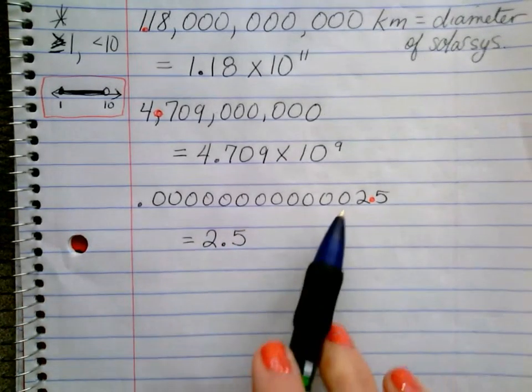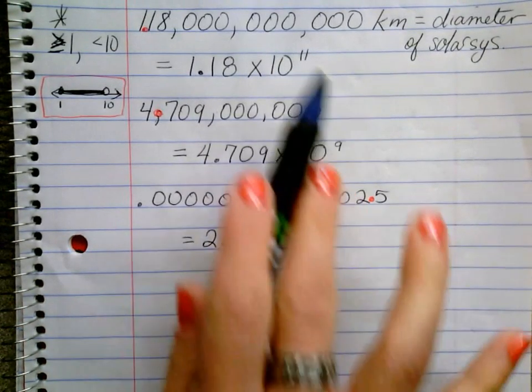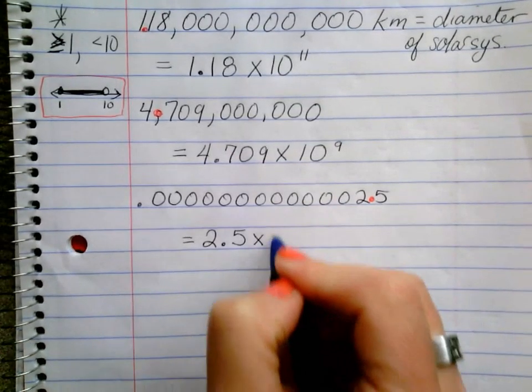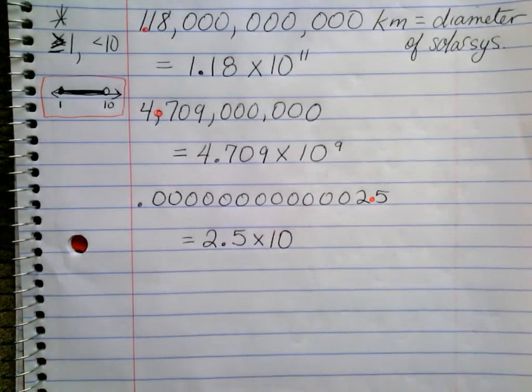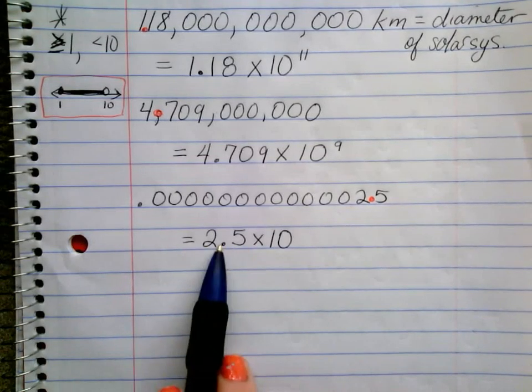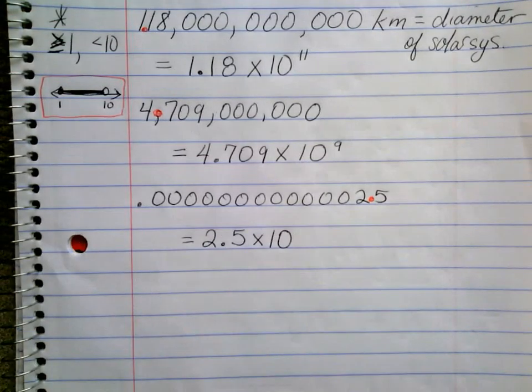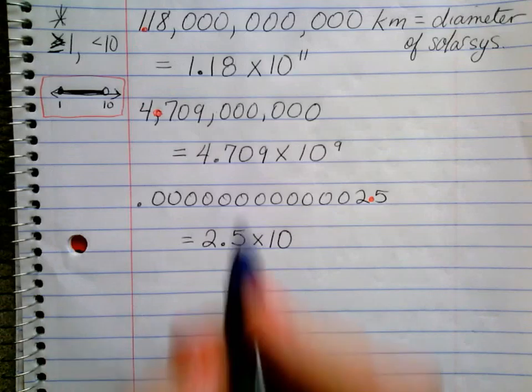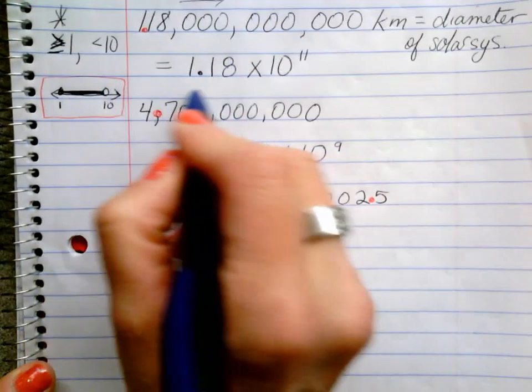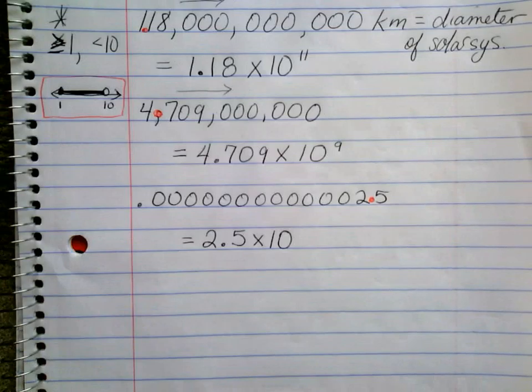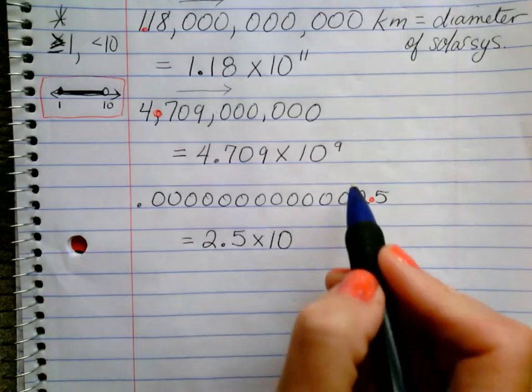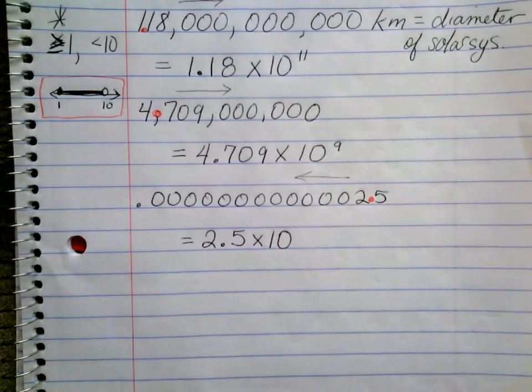2.5. Now what makes this different is we're not going to have a positive exponent anymore. It is now negative, because to return this to that, the decimal is getting moved to the left. Notice these, the decimal goes right to go back to normal. In this, the decimal has to go left to go back to normal.